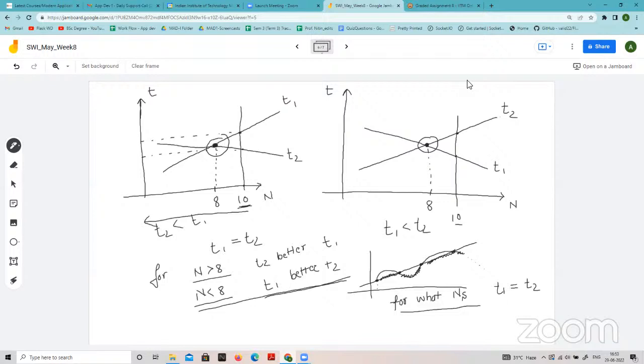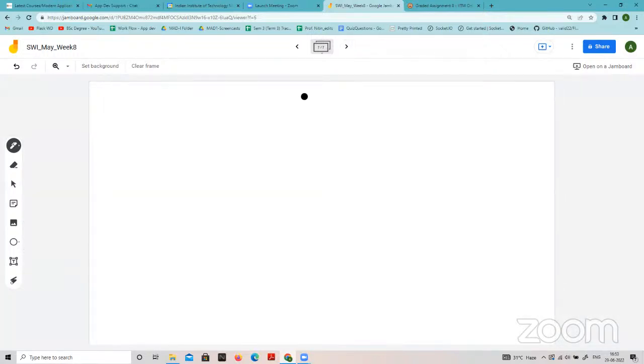Okay, so I'll just take the equations that we have. One equation was T1(n) = 1000n + 200, and the other equation was n cube plus 5. What we want to do is equate these two.